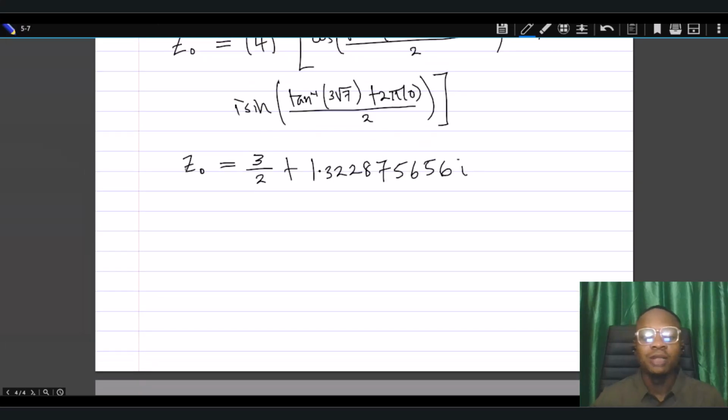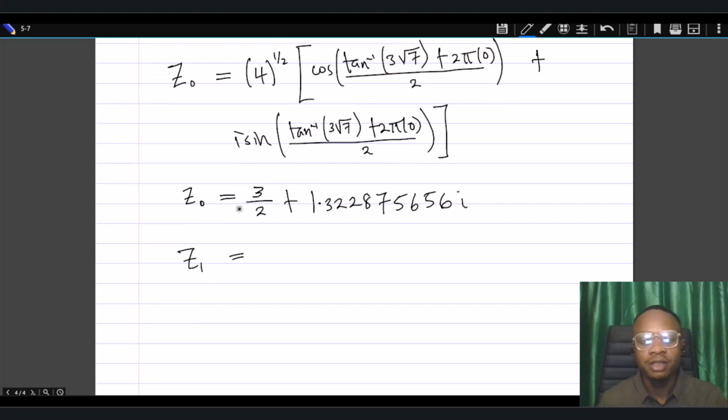Okay, so by that, z1 then will be equal to the same thing. This is going to be 4 to the power of 1 over 2. Then we have the cosine of the tan inverse of 3 root 7, then plus 2 pi into 1 this time around because we're substituting k equal to 1. We used k equal to 0 here.